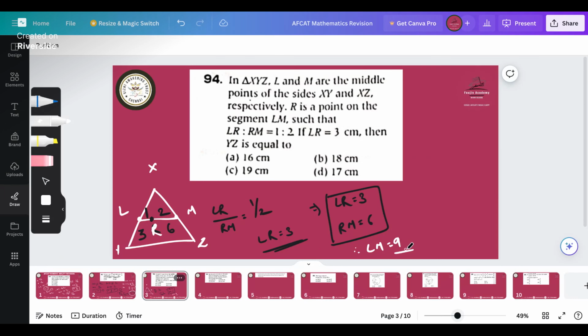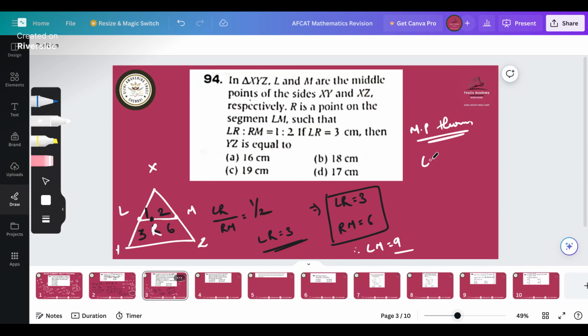Okay. Now over here we come across something called the midpoint theorem, right? What this midpoint theorem says is that whenever in a triangle, let's say XYZ, we join the midpoints of XY and XZ, the line segment which is created is parallel to the other side.